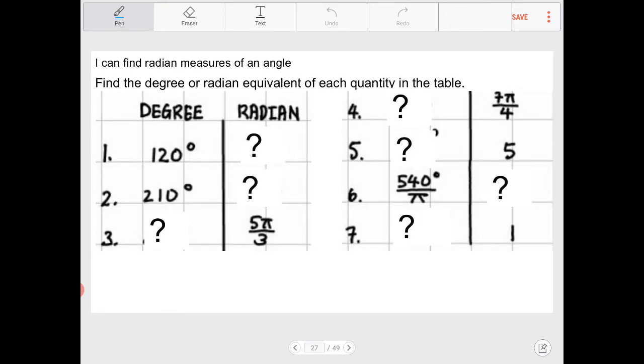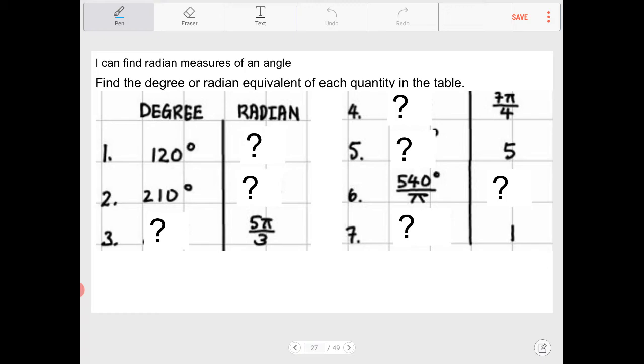Pause the video to see if you can figure out the results, and then we'll figure it out together. I want to figure out what is 120 degrees in radians, 210 in radians, and what is 5 pi over 3 radians back into degrees, and so forth.